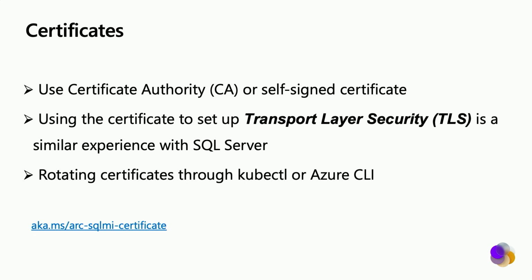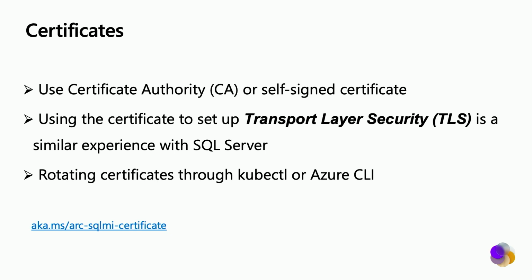When it comes to certificates, Azure Arc-enabled SQL Managed Instances use Transport Layer Security (TLS) to encrypt data that is transmitted across a network between a client application and a SQL Managed Instance. Arc-enabled SQL Managed Instance supports rotating TLS certificates provided by the user in indirect mode. You can use your CA or a self-signed certificate using OpenSSL.